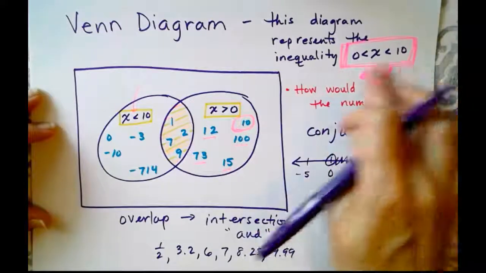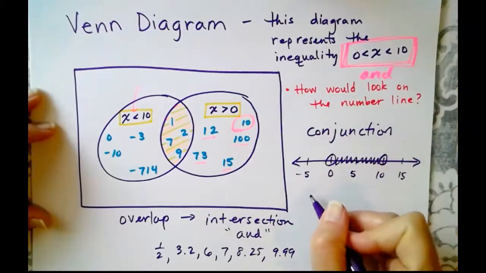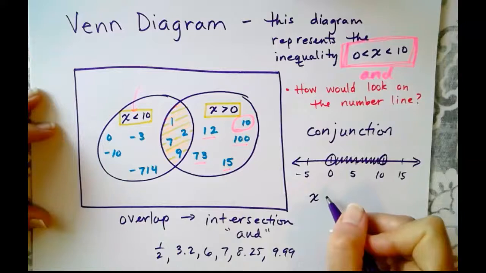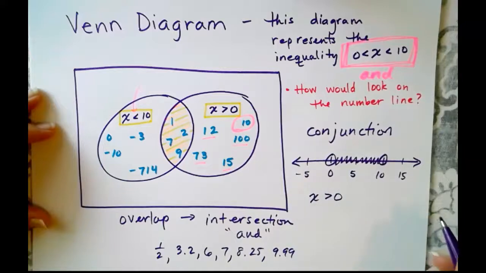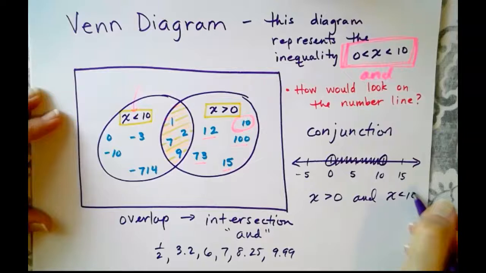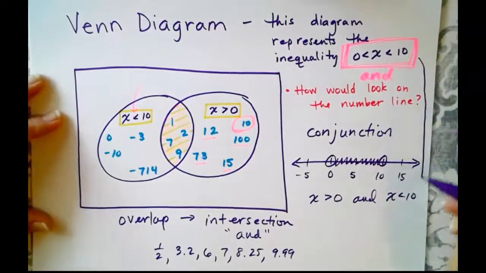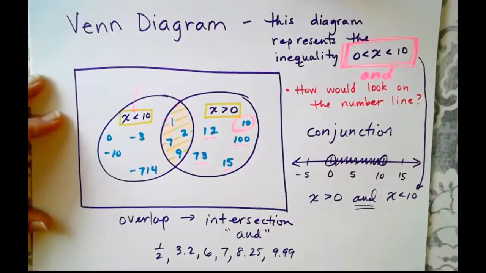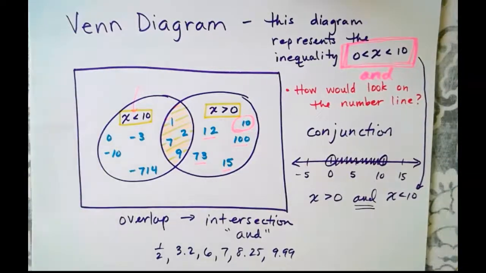And if we were to take this apart, keeping our variable on the left, because that's the way our brains like to look at it, I can take it apart and it means the same thing as that, plugging in that word and. So this is a good introduction to compound inequalities.